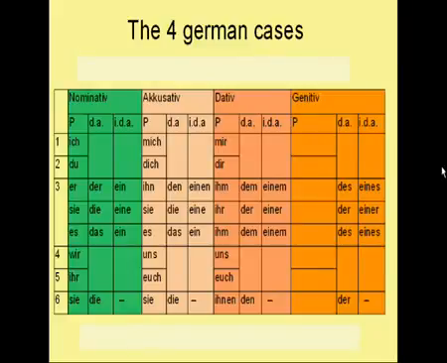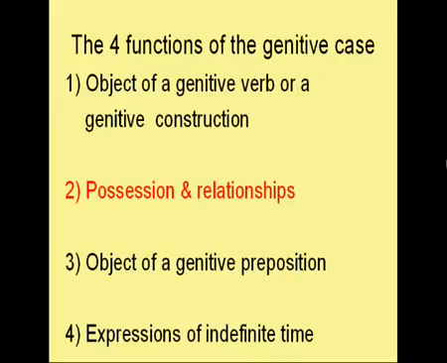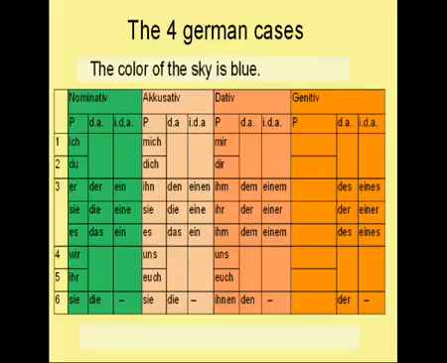But for now, it's only important for you that you know that when a noun is in the genitive case with a genitive article that indicates possession and relationships, we cannot replace this noun with a genitive pronoun. The genitive pronouns that you saw in my last video can only replace those nouns that are the object of a genitive verb or a genitive construction. But anyway, let's see how the genitive case is used to indicate possession and relationship.